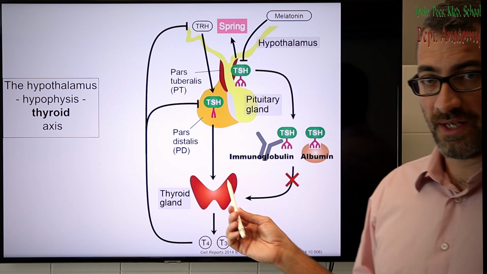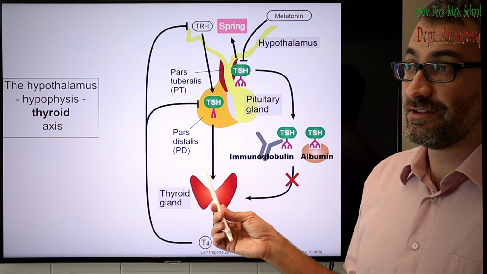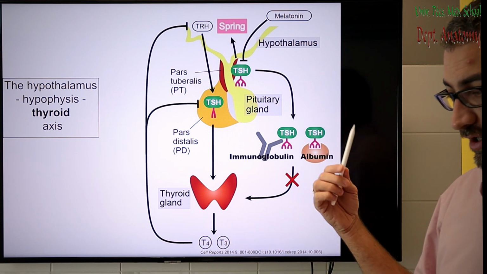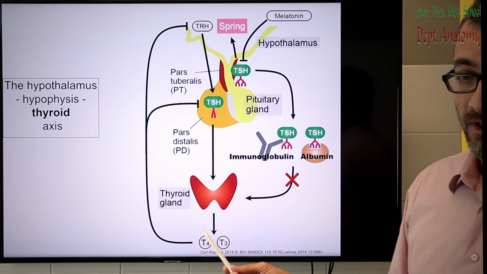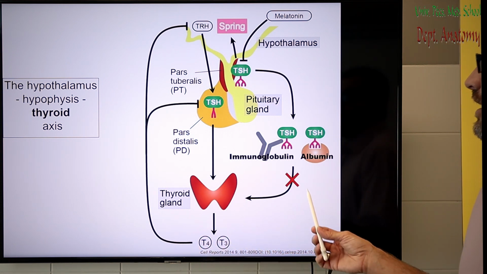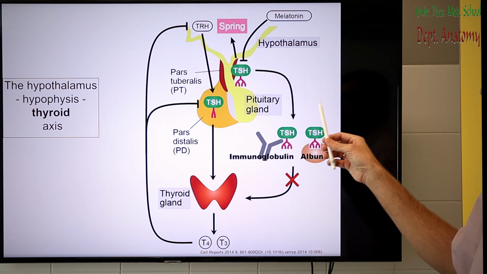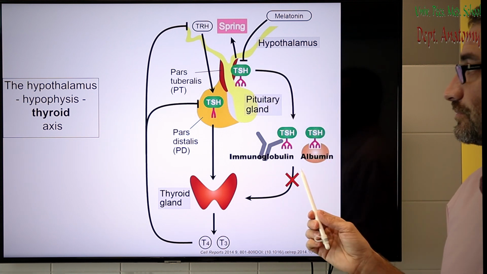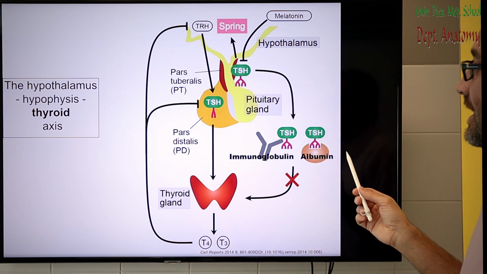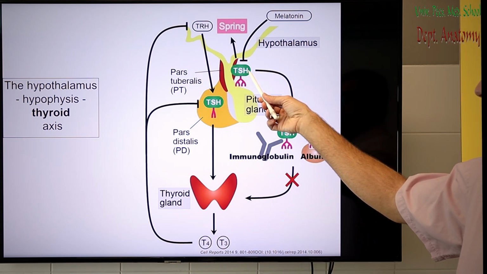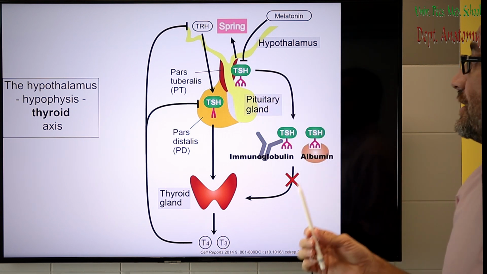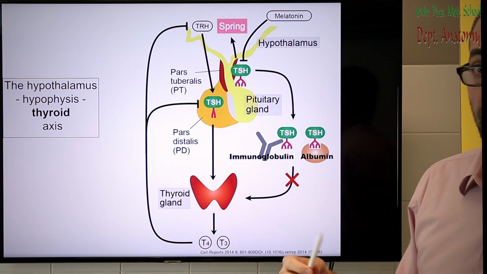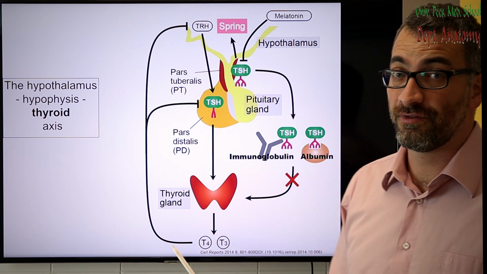On this chart we have also another kind of regulation shown, which is not related to the axis which I have explained now. Here on the right side we can see that the pars tuberalis of the anterior pituitary gland is involved in a TSH driven regulation of seasonal rhythms, seasonal rhythmic patterns of physiology.